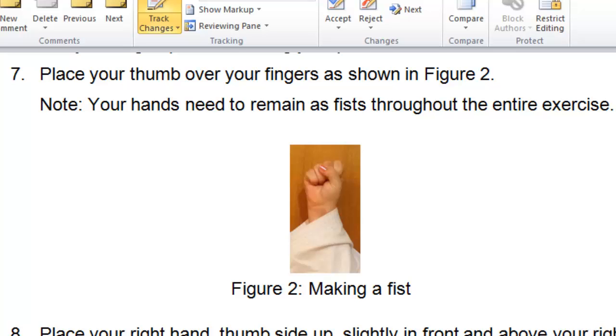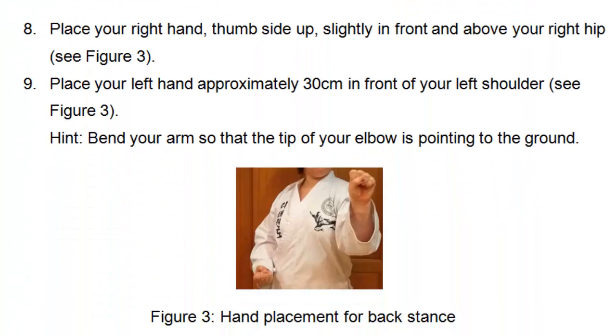Now, there is another way that you can do it, and in step 8, it's place your right hand thumb side up, slightly in front and above your right hip. See figure 3, and you can see that it's in parentheses, small s for see, capital F for figure, 3, close parentheses, full stop. Now, that's done correctly. And down the bottom, you can see figure 3, hand placement for back stance, so it's given a nice label. So this is how to incorporate figures into your text correctly.